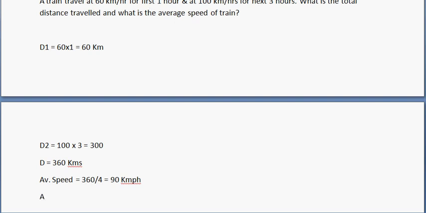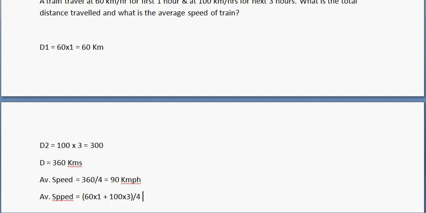So if we see it as a weighted average, it would be equal to 60 into 1 plus 100 into 3. So what are the weights? 1 and 3, divided by the sum of the weights, which is 4, right?